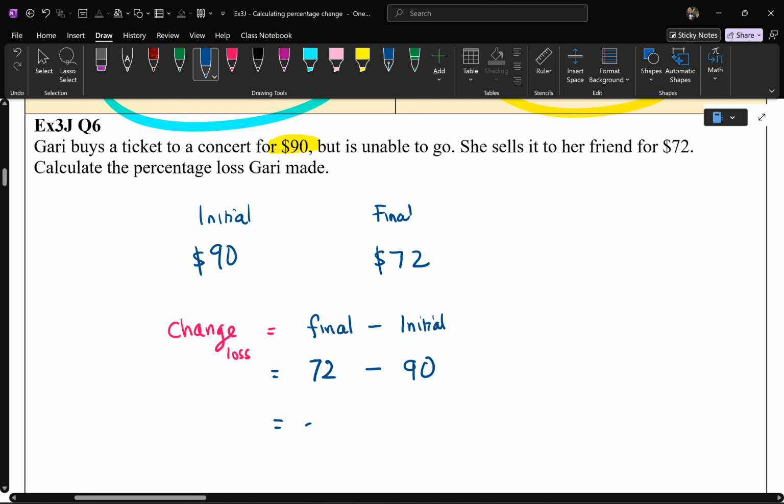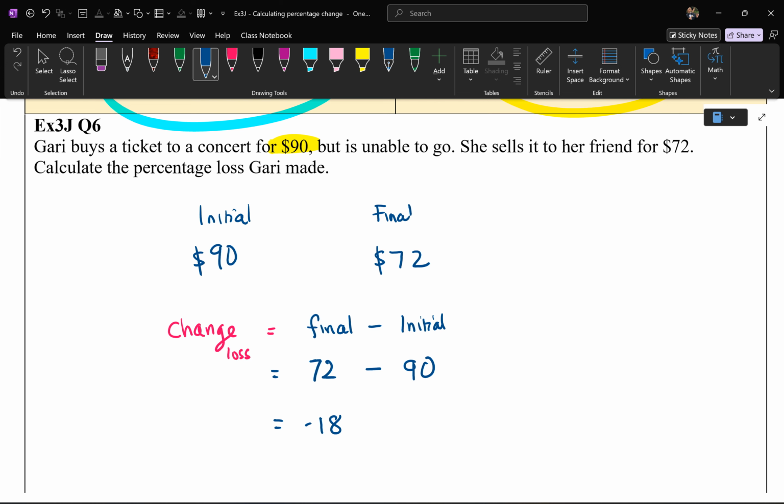And the negative is key because negative tells you it's a loss. I know the question tells you it's a loss, but later on they don't tell you that and you have to figure it out yourself, right? And you've got to prove it. How do you prove mathematically that it is a loss? Well, your final amount is what you ended up with. You started off with 90, so it makes sense you ended up with less than what you started. So hence it should be negative.